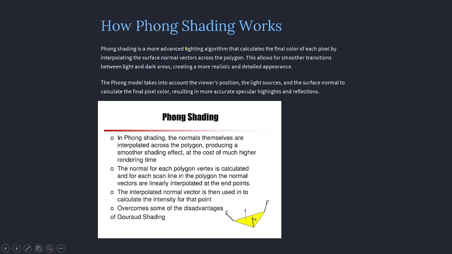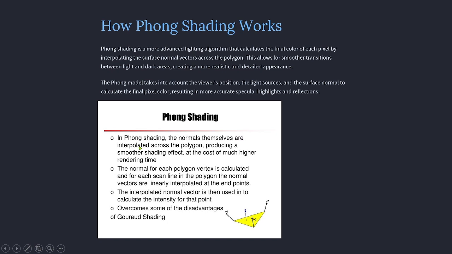In Gouraud shading we use interpolation of intensity values at vertices, but in Phong shading the key concept is that we interpolate the normal vectors at each surface. So that is the difference between the two. Both are interpolation techniques.